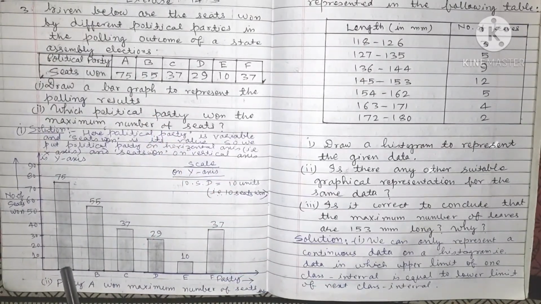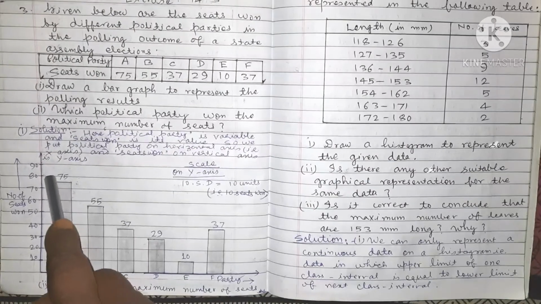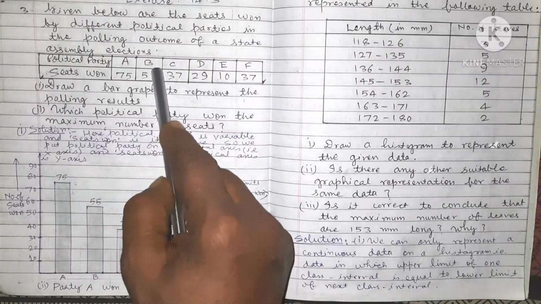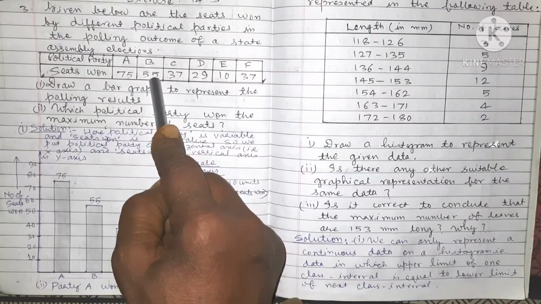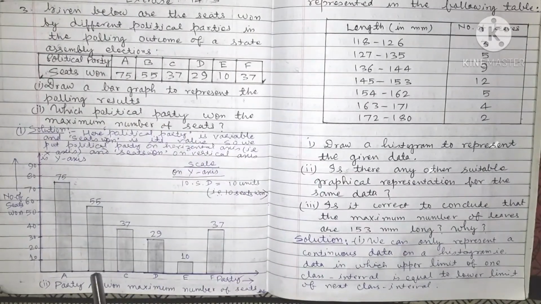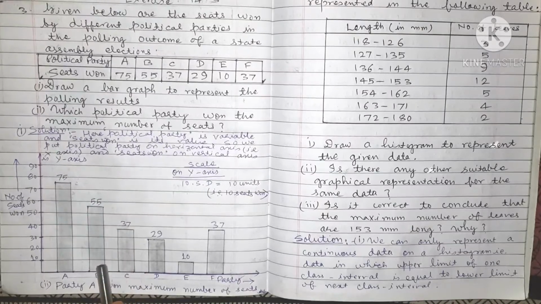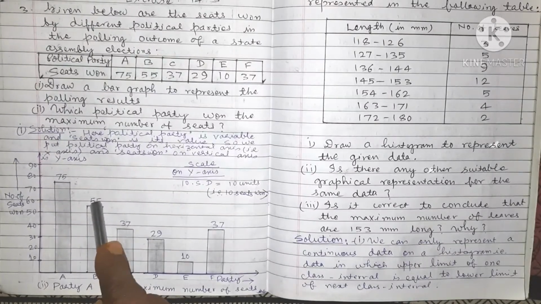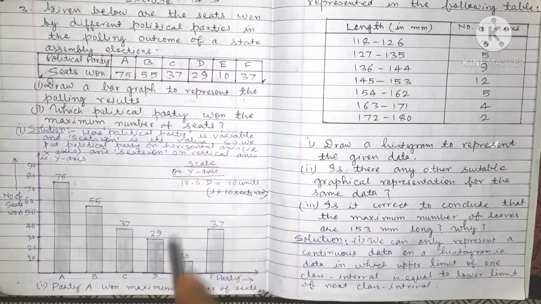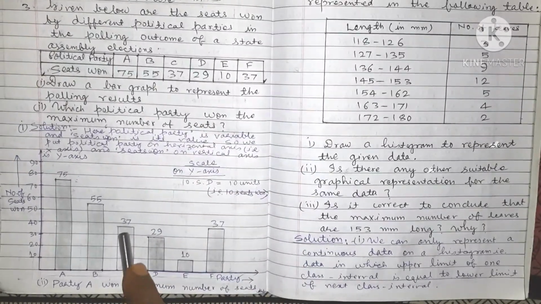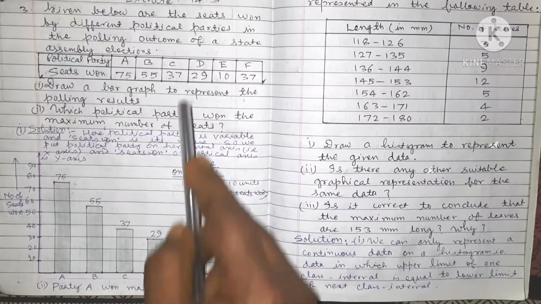So this rectangle has height 75. Party B has 55 seats, so the height of this rectangle equals 55. C has 37 seats, so the height of this rectangle will be 37.